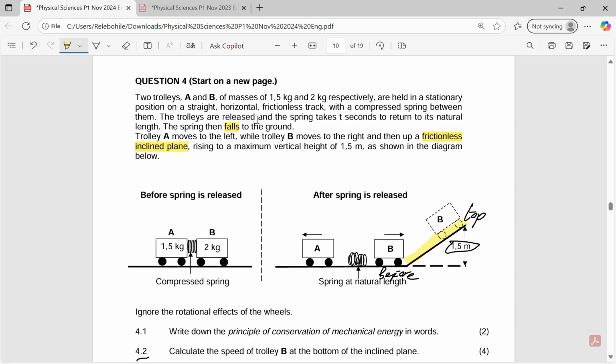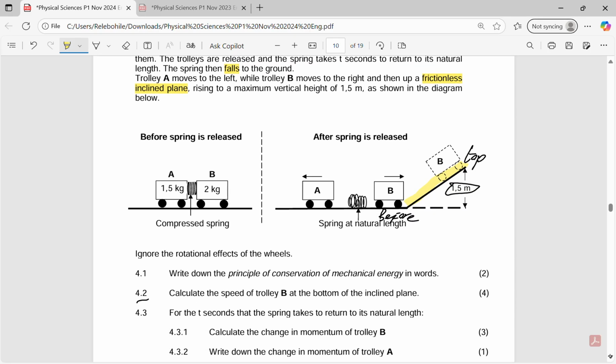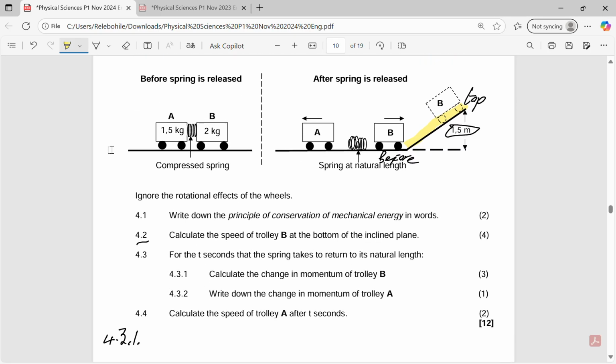Okay, and you will see here that they say the trolleys are released and the spring takes t seconds to return to its natural length, and then the spring falls to the ground. So before the spring fell to the ground, it means that our trolleys were still attached to the spring. So we are being asked to find the change in momentum of the trolley.